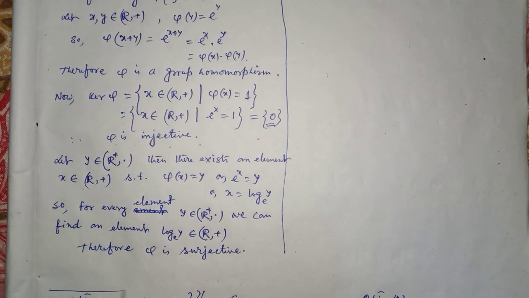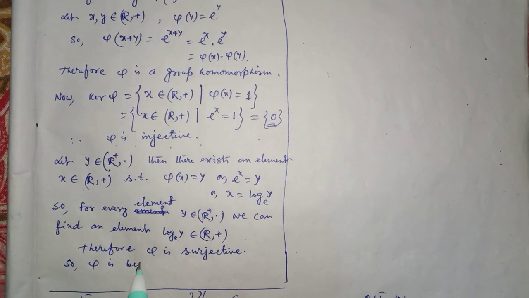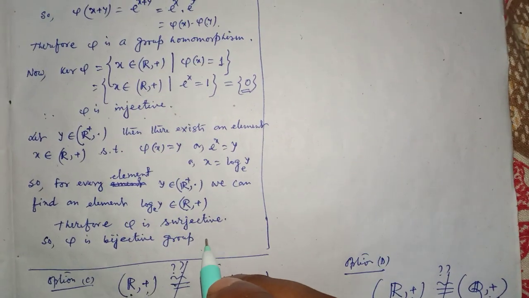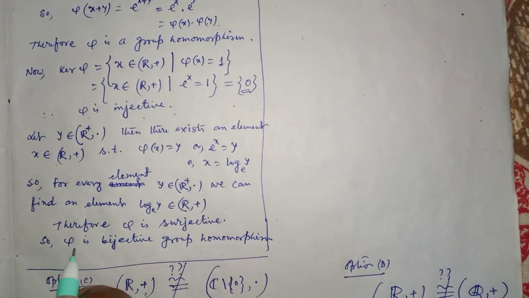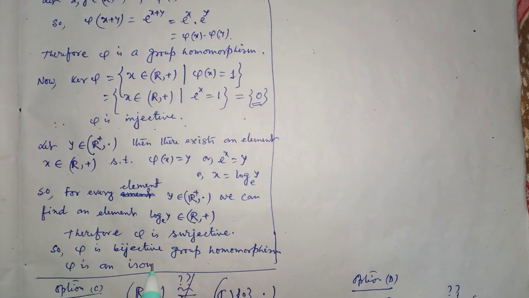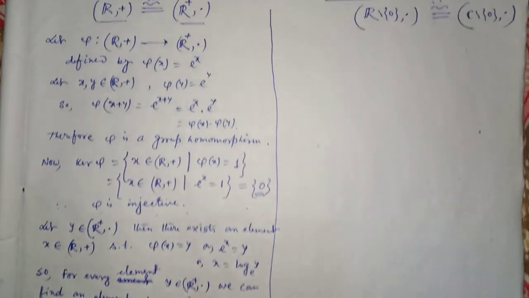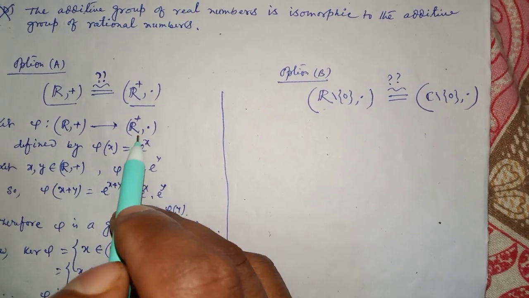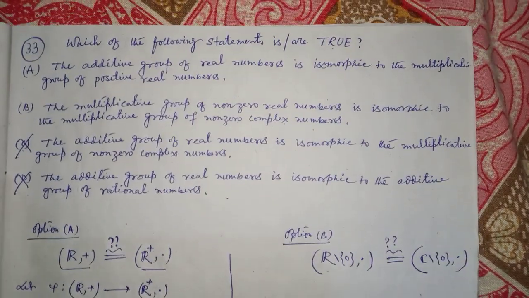So phi is a bijective group morphism, and hence phi is an isomorphism. Therefore the additive group of real numbers is isomorphic to the multiplicative group of positive real numbers. Therefore option A is true.